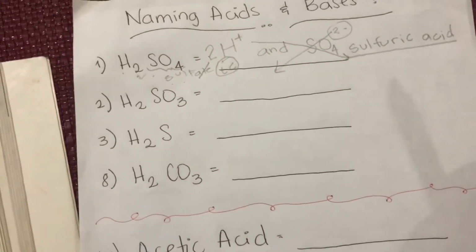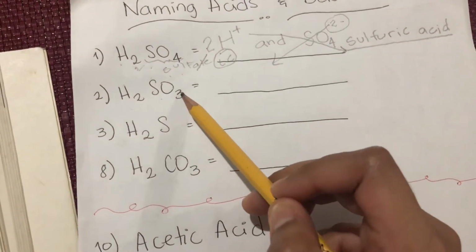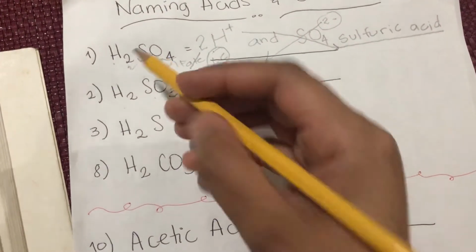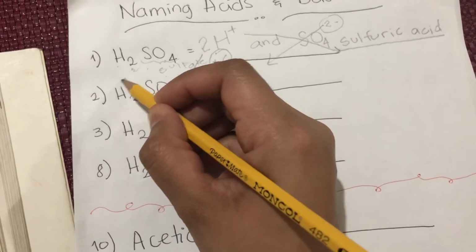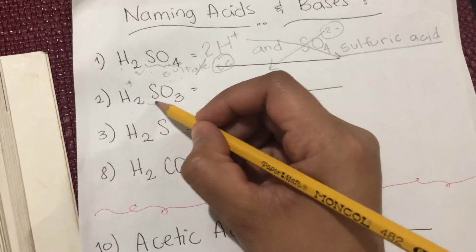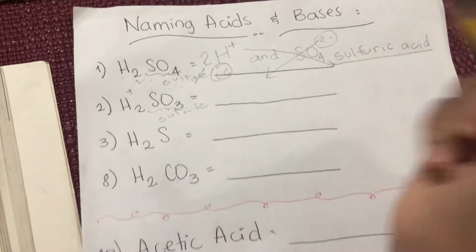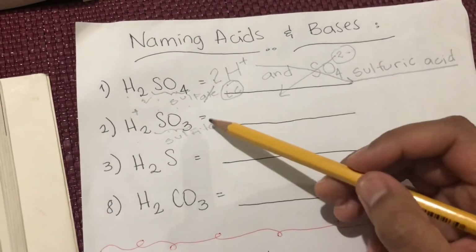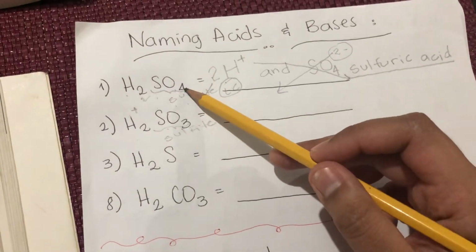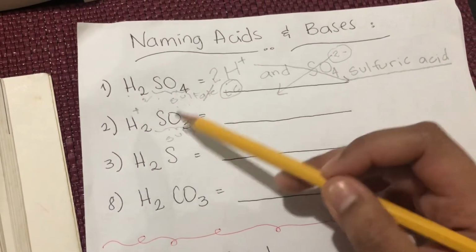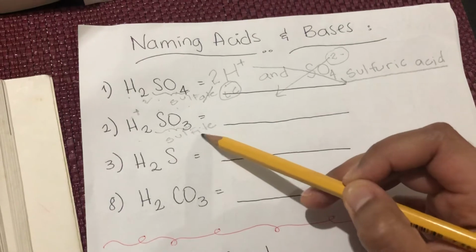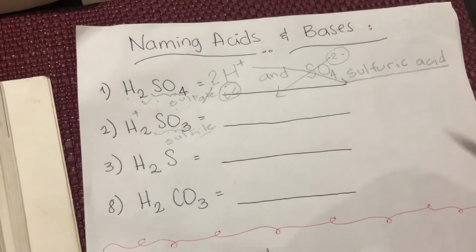The next exercise says H2SO3. I already know that hydrogen has a charge of 1+, and this is my polyatomic ion sulfite. How do I know? Because it has one less oxygen. This one was SO4, this is SO3, so my ending should be ITE, sulfite.